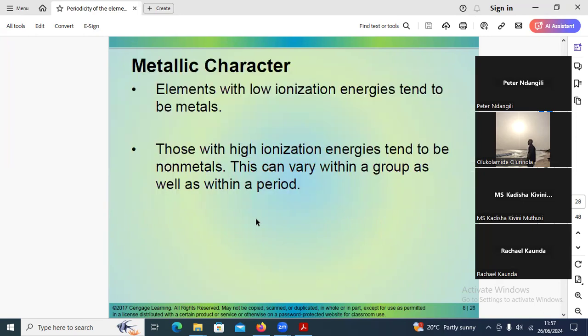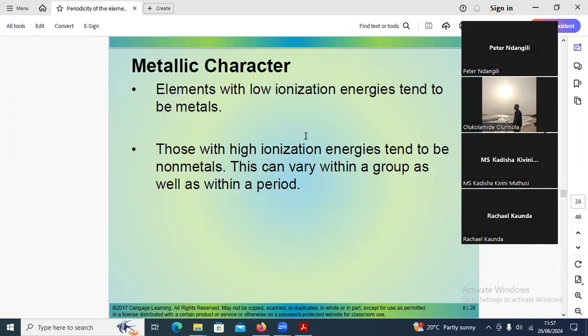Now, the metallic character. How do we assess the metallic character of the elements in the periodic table? Elements with low ionization energies tend to be metals. And here we are talking about the group 1 and the group 2 elements.